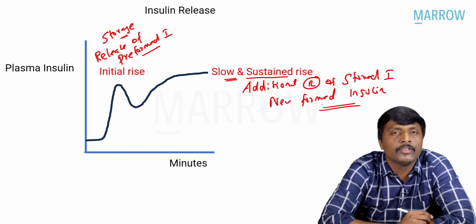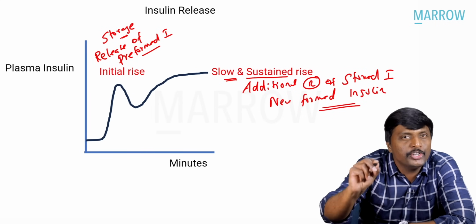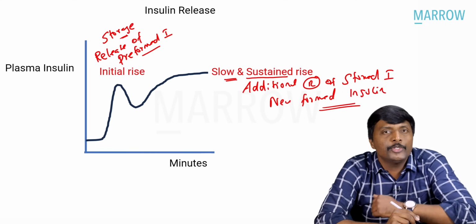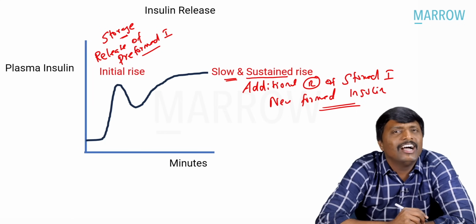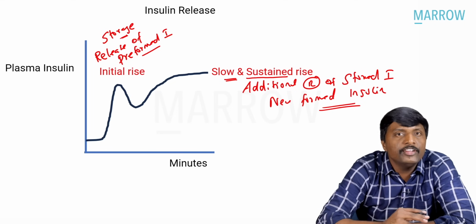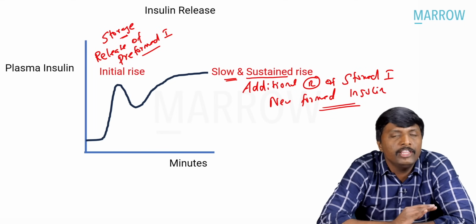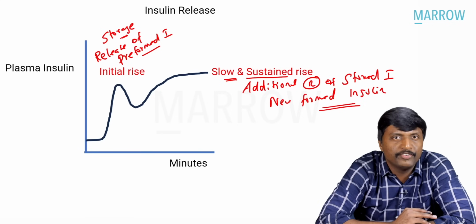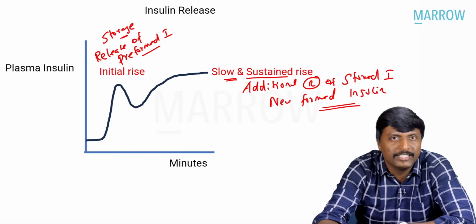So initial rise, later sustained elevation and maintain. In response to glucose administration, the first one will be the already stored preformed insulin. The later release is still some more additional preformed insulin along with newly formed insulin. That's the answer for this question. This is to take care of the elevated blood glucose levels.